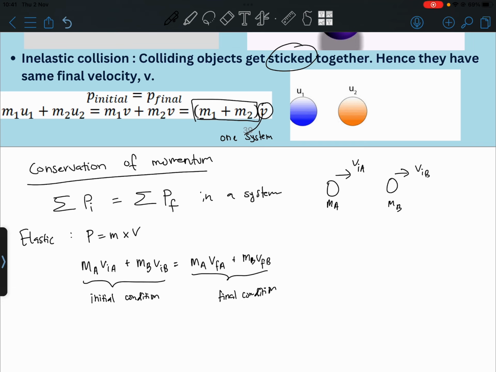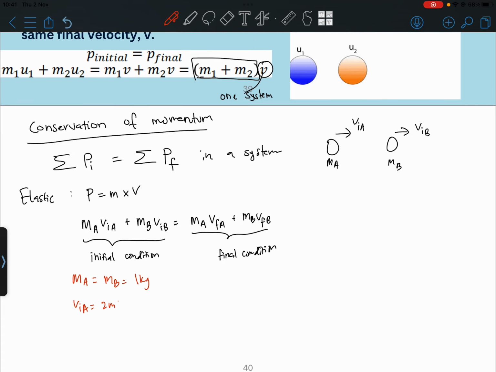In physics questions, Form 4 or Form 5, they will give you the values. For example, they give you MA equals MB equals 1 kilogram, VIA is maybe 2 meters per second, VIB is 0 meters per second, and VFA is 3 meters per second, and you want to find VFB.